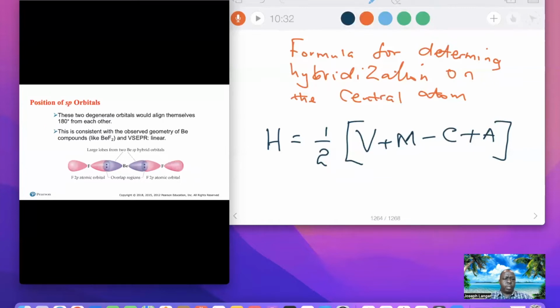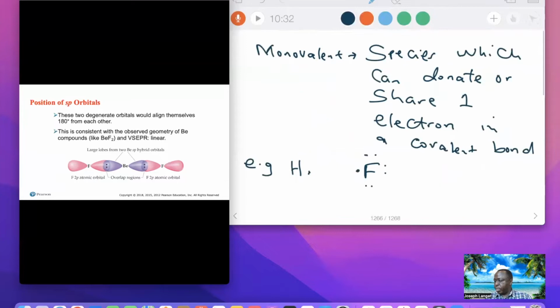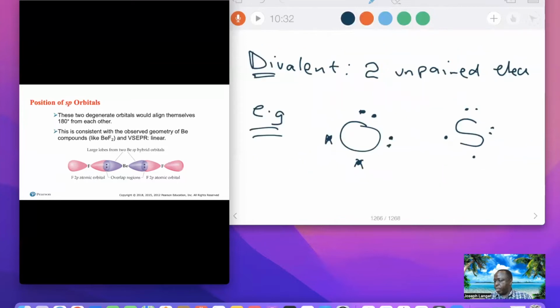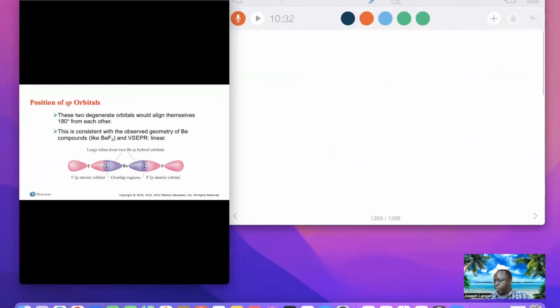Well, let's see, in beryllium fluoride, beryllium is the central atom attached to fluorine. We use this equation, all right? If we use the equation, we will have the hybridization.